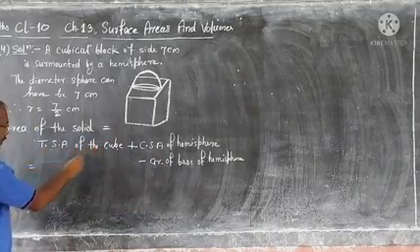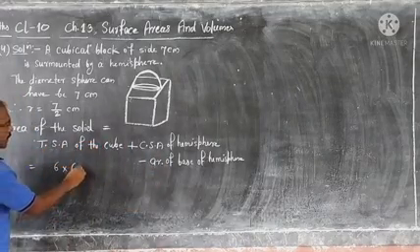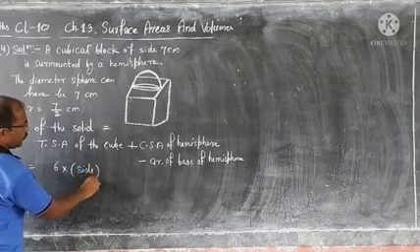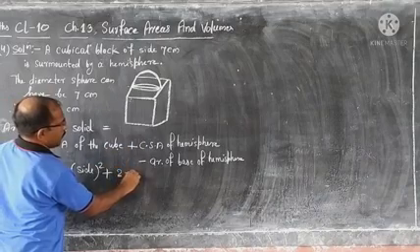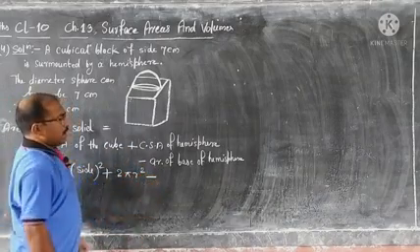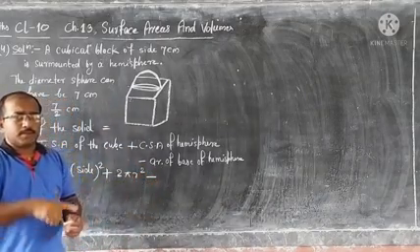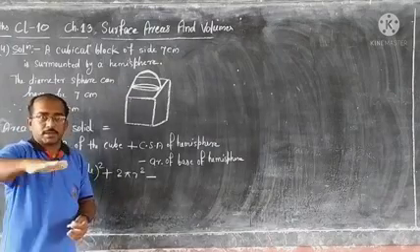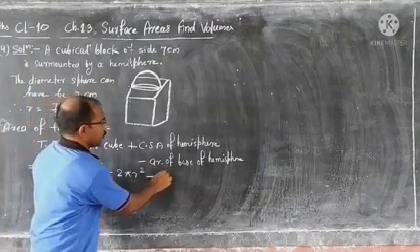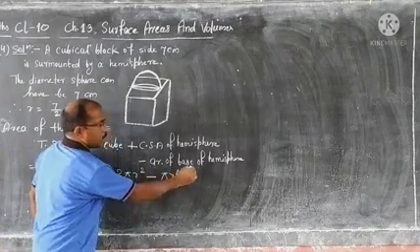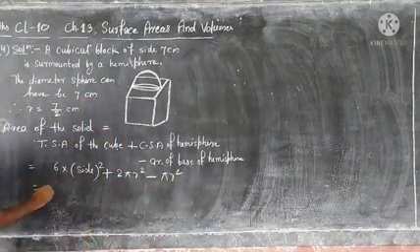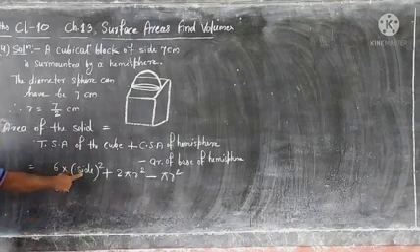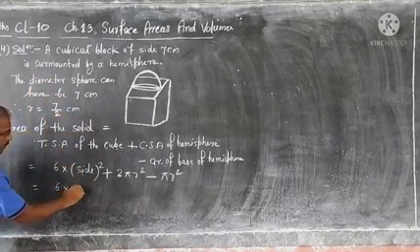Then we have all the formulas. Total surface area of the cube is 6 into side square, or edge of the cube square, plus curved surface area of hemisphere 2 pi r square, minus area of the base of hemisphere. Base is circular flat. Is it clear? So, area of circle is pi r square, and then 6 is in the formula. Side of the cube is 7.